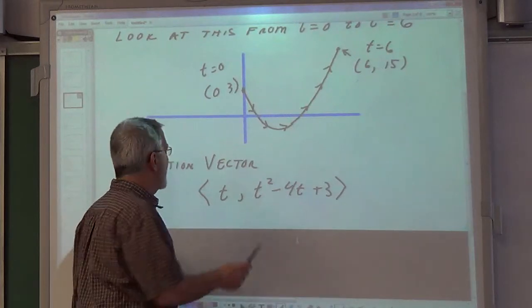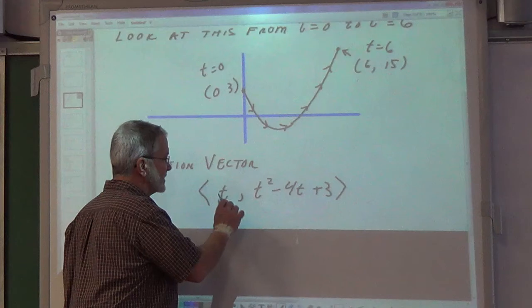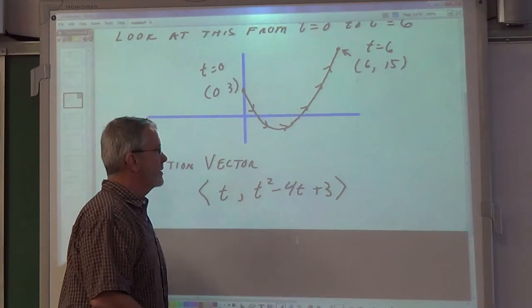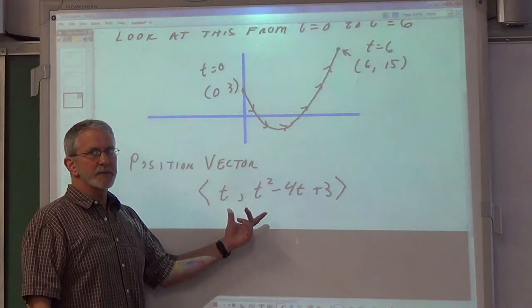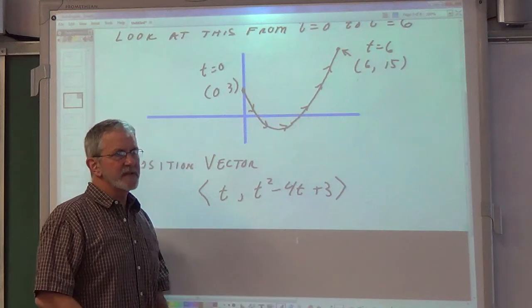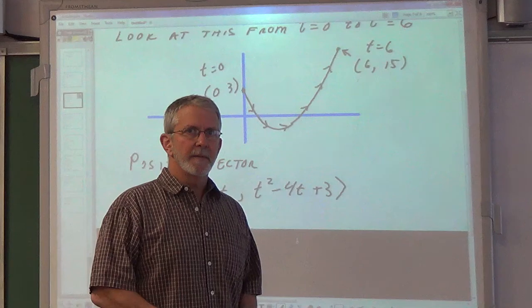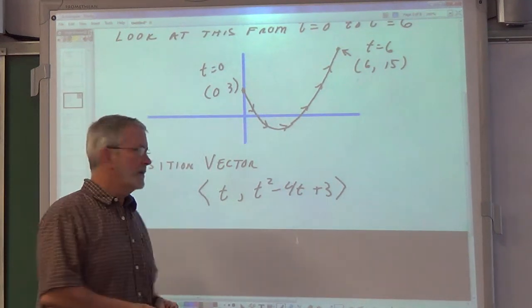Well, the position of that bug at any time t is: the x coordinate is t, and the y coordinate is t squared minus 4t plus 3. This is the position vector. Both the x and y are functions of t, very similar to parametrically defined curves. But I want you to think about the position of a bug.